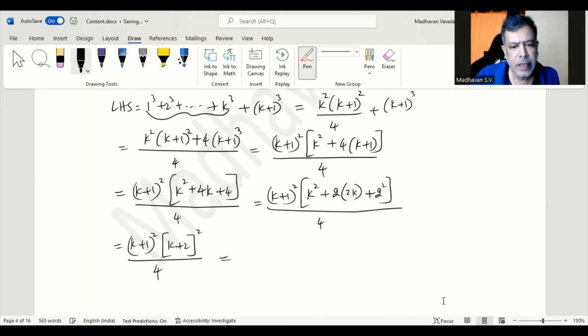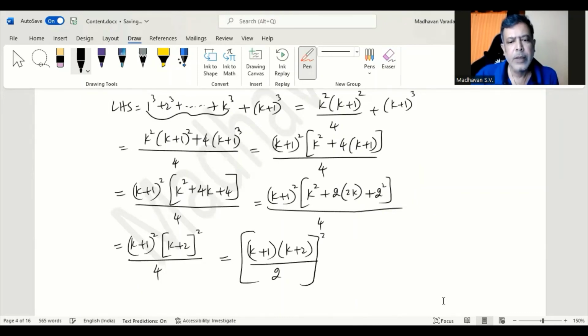And now this can be written as K plus 1 times K plus 2 divided by 2 the whole square. So again, this can be rewritten as K plus 1 times K plus 1 plus 1, whole thing divided by 2 the whole square.